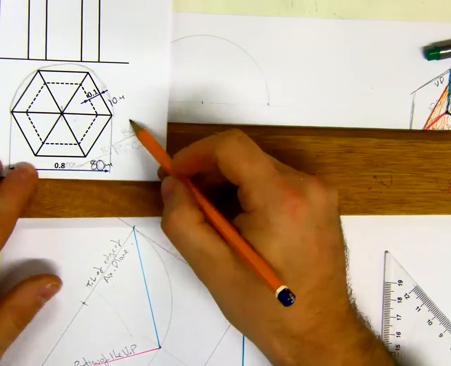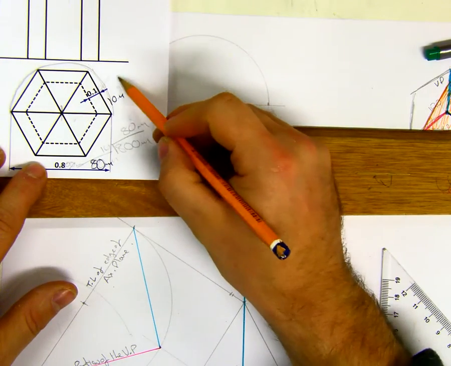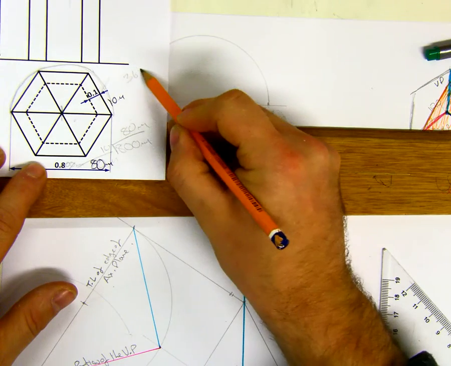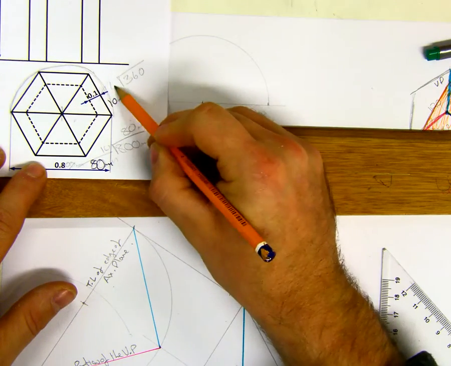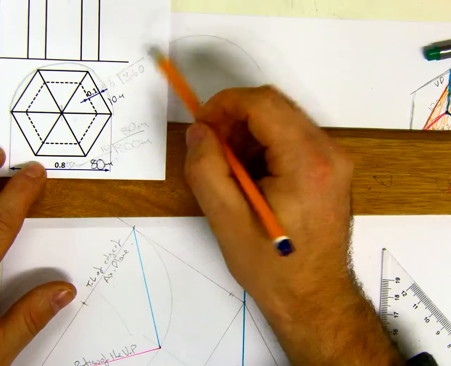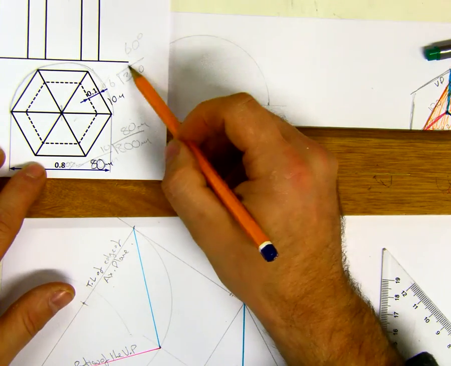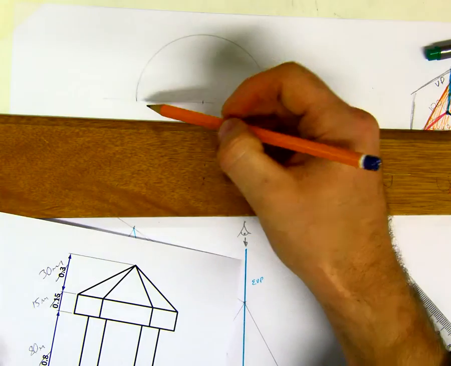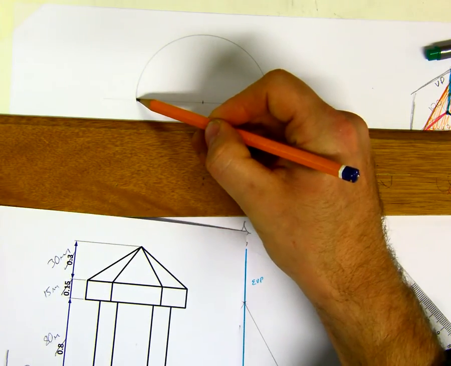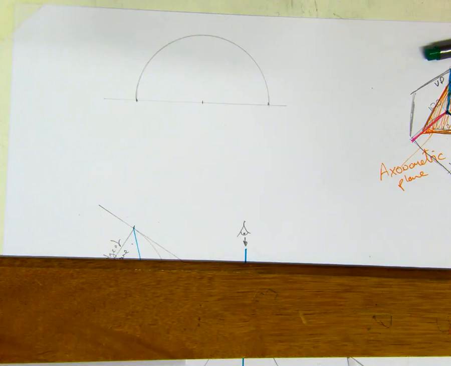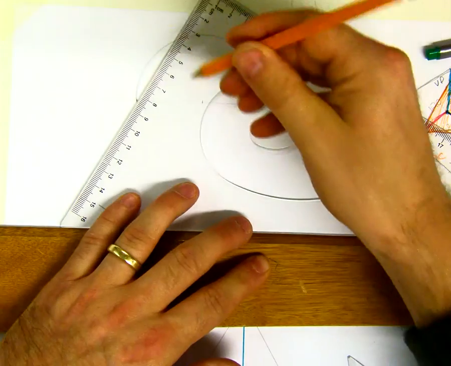A hexagon has 6 sides, and we know a circle has 360 degrees. So we divide by 6 to get the angle for each side. 6 into 360 goes 60 degrees. So from this point here, we're going to use our 60 degree set square to make it easier for us.